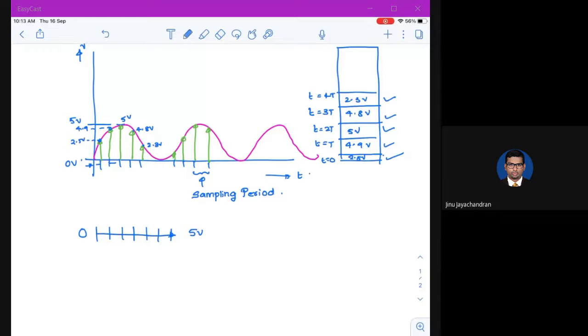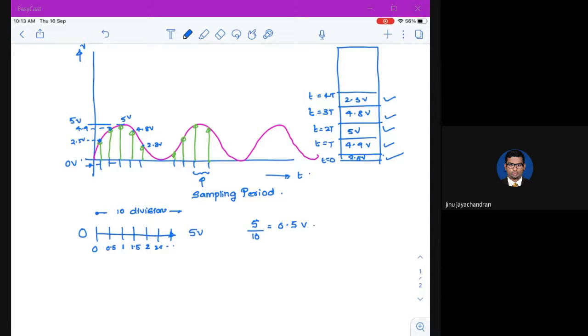That means the voltage range of each division is 5 by 10, that is 0.5 volt. So each vertical line corresponds to 0.5 volt greater than the previous line. So this is 0, this is 0.5, this is 1, this is 1.5, this is 2, this is 2.5, etc.